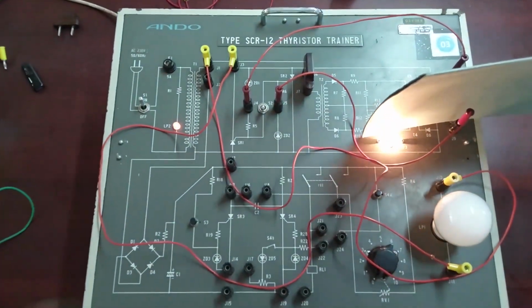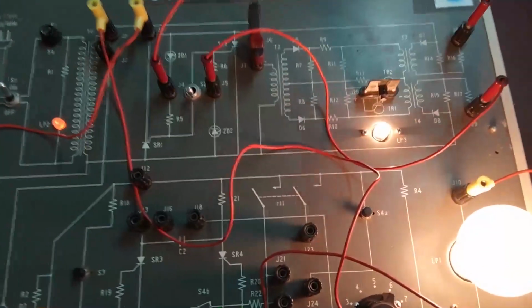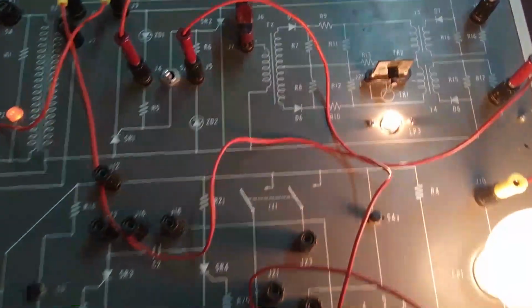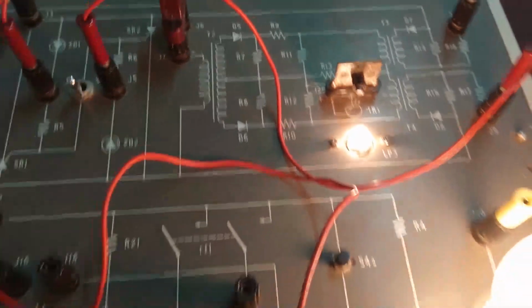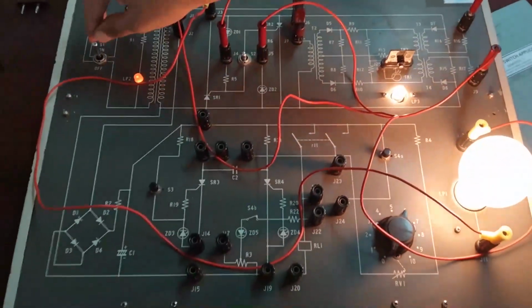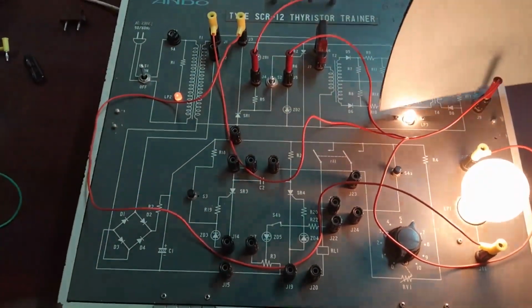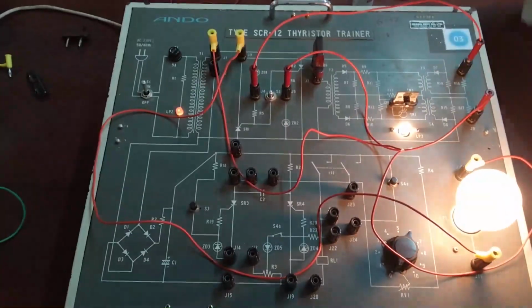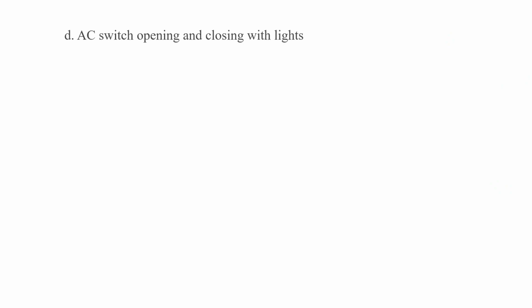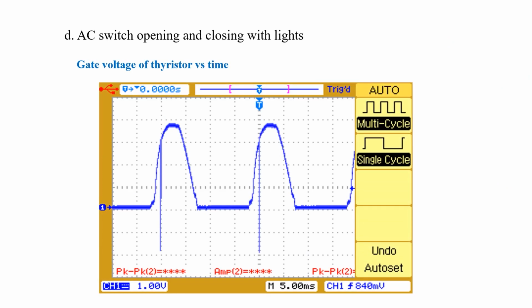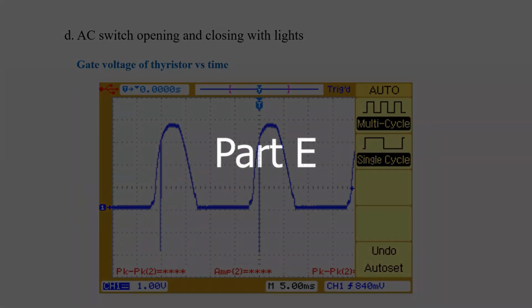Now you can see when we cover the phototransistor, the load lamp turns off. These are the observations from part D. Now you can pause the video and analyze this. Now let's move to the final part, part E.